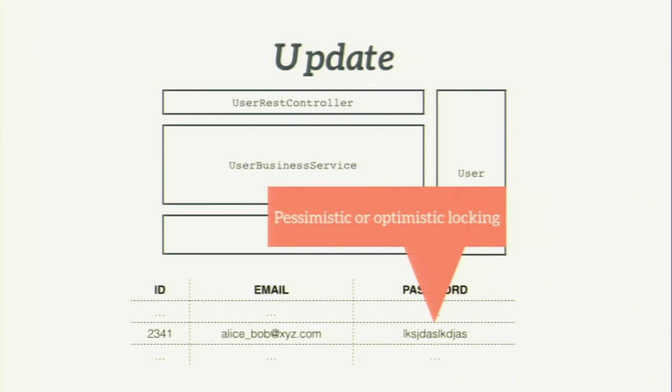We change the command and so on and so forth. Or we can use a version incrementation or timestamp mechanism with optimistic locking so that we increase the version with every update. And when something goes wrong, we get, in typical Hibernate terms, an optimistic locking exception or something like that.